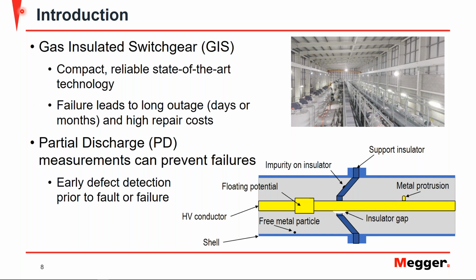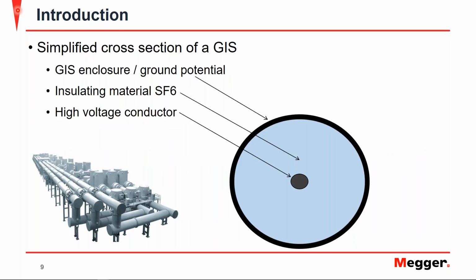But one thing that's in common with all these is that they all affect the electrical field within the GIS. To look at that, we'll take an example of the metal protrusion, where here we have a simplified cross-section of a GIS, where again, the enclosure is at our ground potential. The insulating material here is our SF6 gas, and then we have our high voltage conductor.